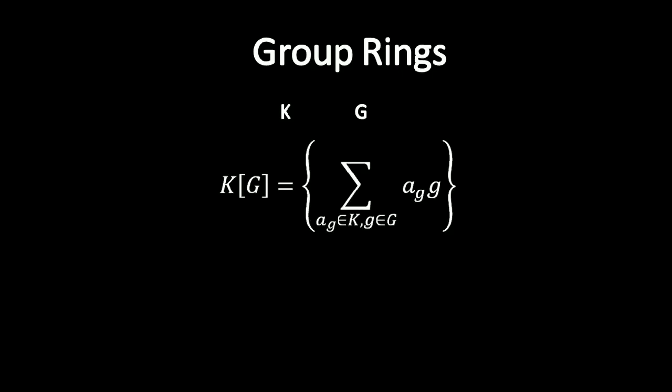To begin with group rings, define a field K and a group G. We define the group ring as the following. Here G is a torsion-free group. Here we basically take unique elements from K for each element of G, multiply them and add them such that the sum is finite.